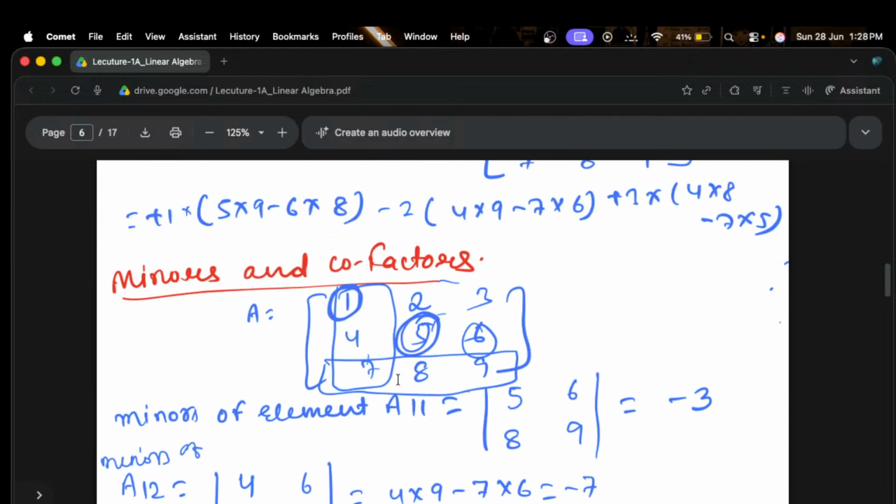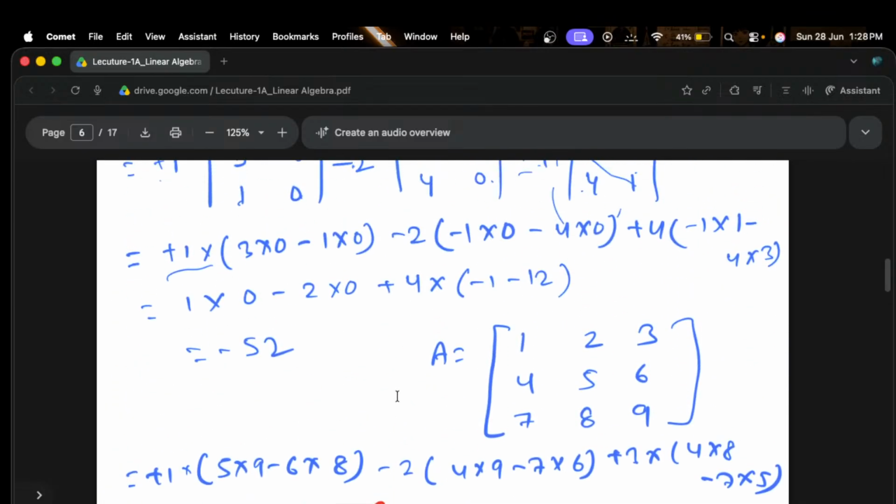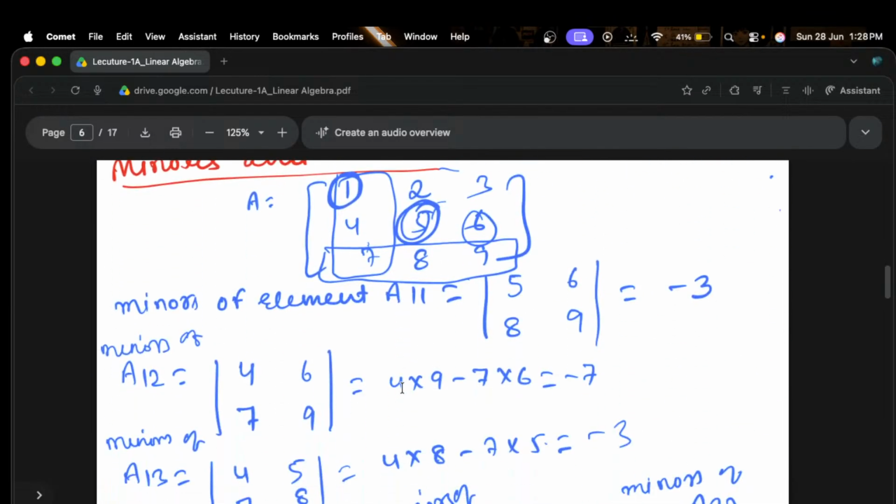So basically, what do minor and cofactors mean here? Let's see.